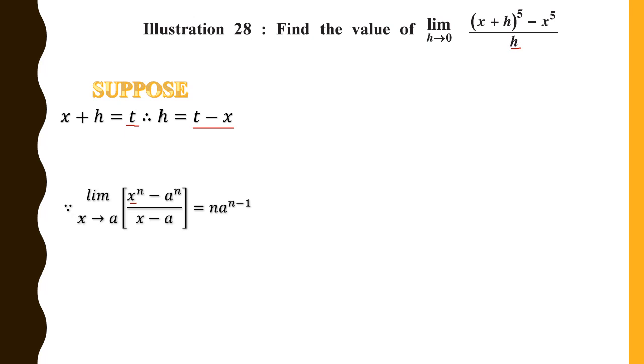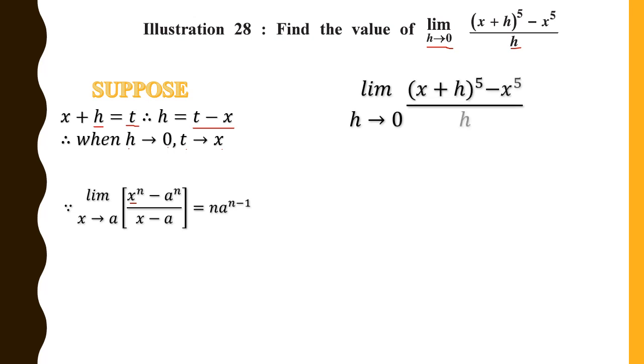But when we assume x plus h as t, and we know that h tends to 0, so we can assume h as 0. So when h is 0, then t is x. So when h is 0, t becomes x. So this is what we need to remember, and this t, t minus x, and t tends to x, these three values I will put into my equation here.